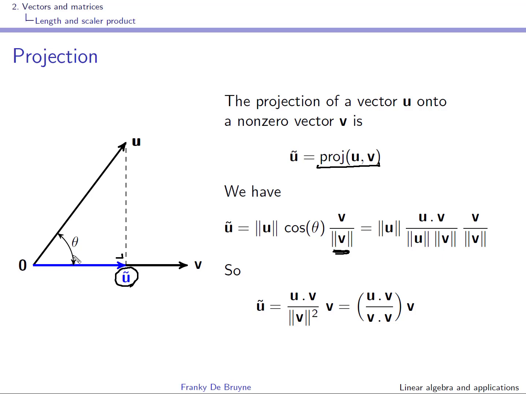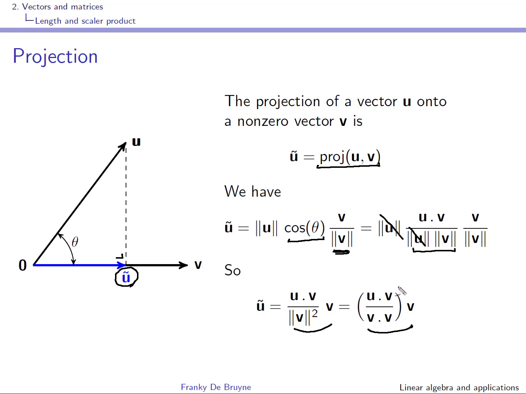If the angle is obtuse, it will be pointing in the opposite direction to v. So we can now replace cosine theta by this expression here. Okay, so we can cancel out the length of u, and we obtain this expression of u tilde.